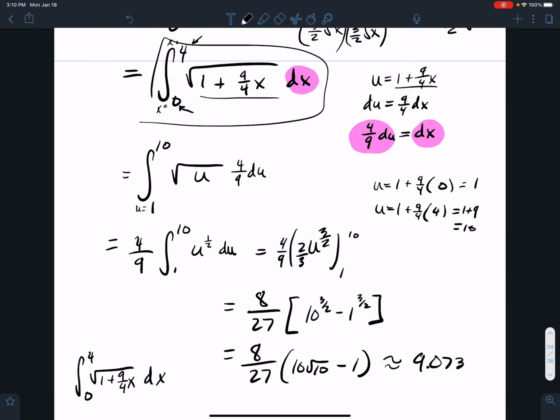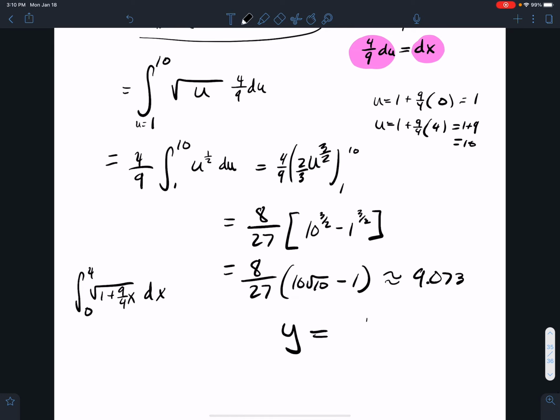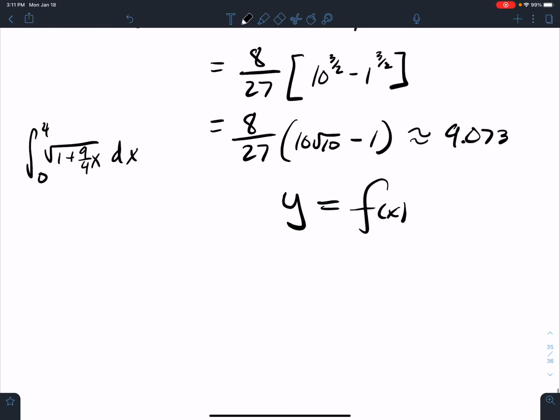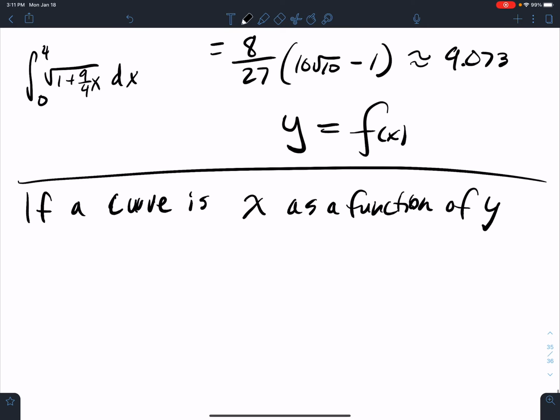So not too bad. Now, sometimes the curve is not defined as y as a function of x. Sometimes it's defined as x as a function of y.